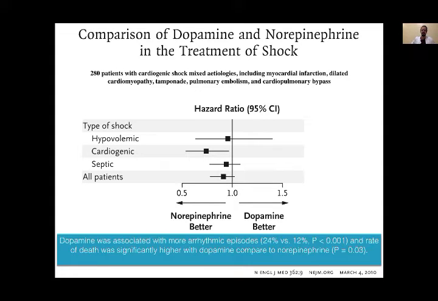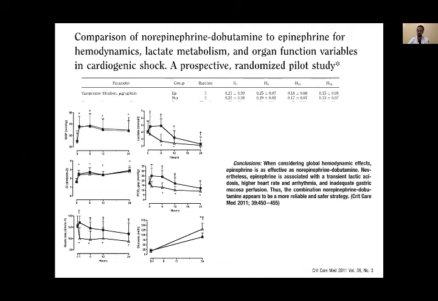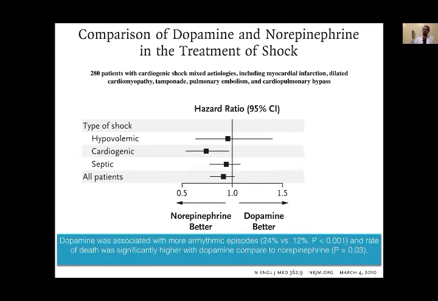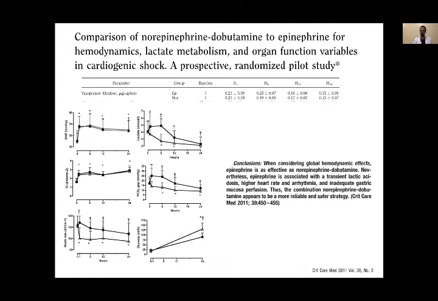The analysis run for cardiogenic shock on 280 patients, which included myocardial infarction, cardiomyopathy, tamponade, embolism, and surgery, demonstrated that dopamine showed more pro-arrhythmic effects and increased the rate of death as compared with norepinephrine. That was already known from small studies, and this was the final confirmation.